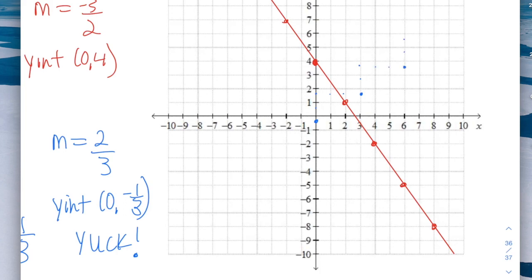I have to hope that my human error isn't too bad. Okay, so you can see that one of the drawbacks of graphing is my lines have to be pretty perfect in order for me to see what the point of intersection is.